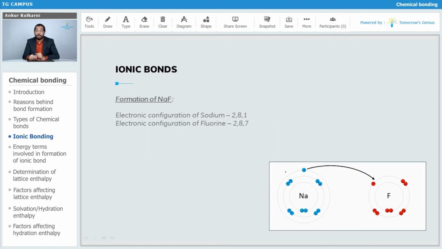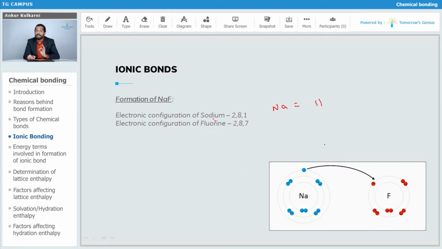Now let's talk about a different example apart from sodium chloride. Let's discuss sodium fluoride, which is NaF. What is the electronic configuration of sodium? The atomic number of sodium is 11.